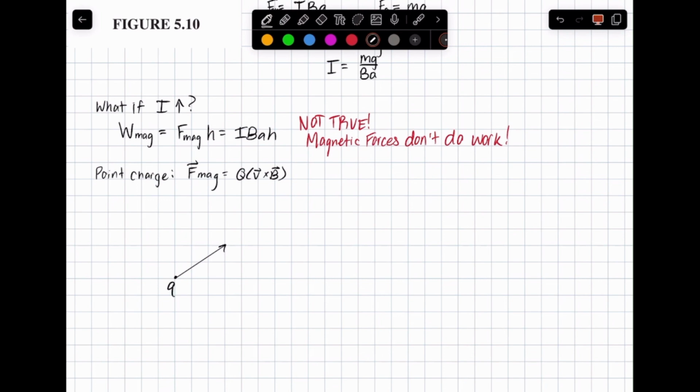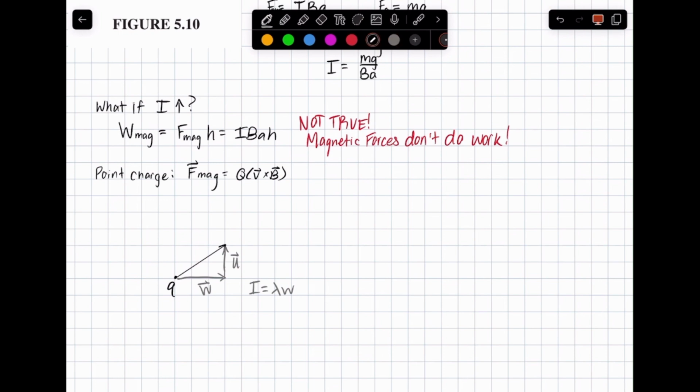This is our point charge Q. We have a horizontal component, which I'll denote as W, where it's related to the current like this. And we have this vertical component, U, that is the vertical velocity that we're moving.